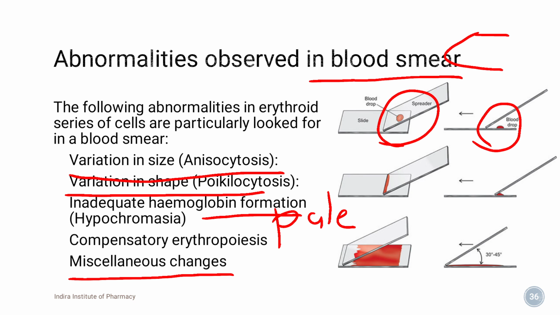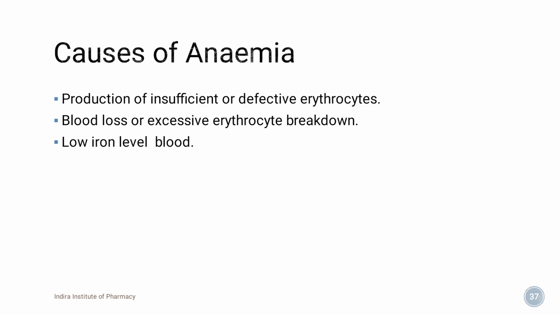So cells will appear somewhat pale, the size and shape will be different, some cells will shrink, or maybe the cells will increase in size. So all those changes will be observed in that slide.